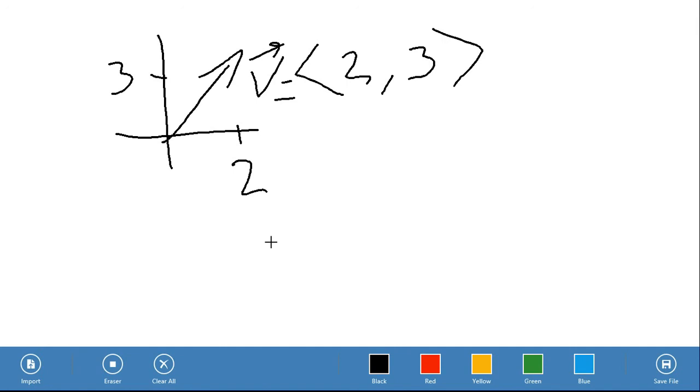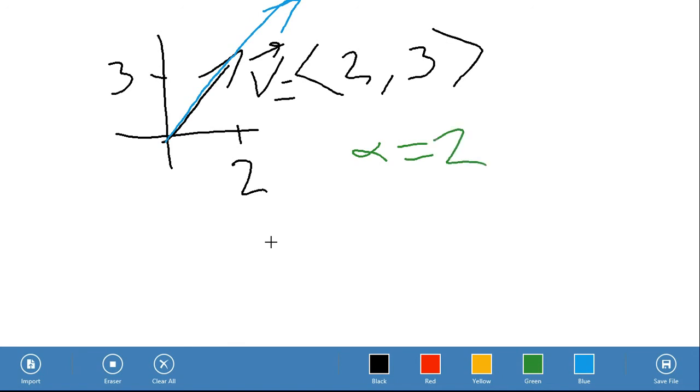This could be any x1, x2, but we're just going to pick 2 and 3, and let's call our scalar alpha. Let's say we want to take this vector and double its length. So instead of having this vector like this, we're going to have it come all the way out here, and its length is going to be double what it was before. And so alpha here is going to equal 2. We're just multiplying it by a factor of 2.